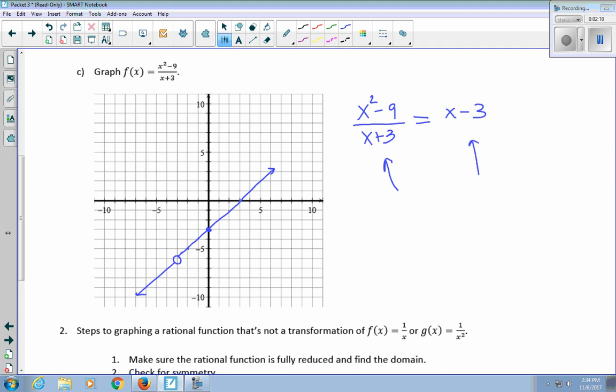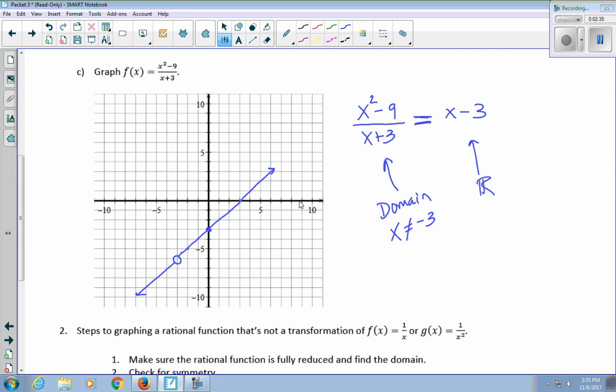So there's one small difference. These two are identical. They are equal, except this one's domain is all x's except negative 3, and this one's domain is all real numbers. So their graphs look identical, except one of them has a hole. You can't put the negative 3 in.